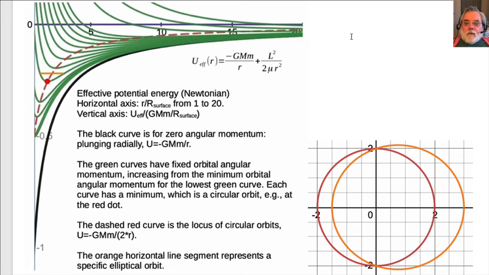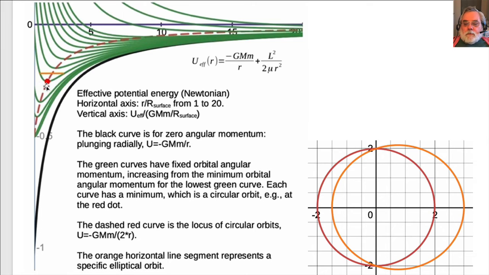At infinite separation, the gravitational potential energy is 0. At finite separation, the gravitational potential energies for all closed orbits are negative. Because the force is attractive, the negative potential energy is a binding energy.